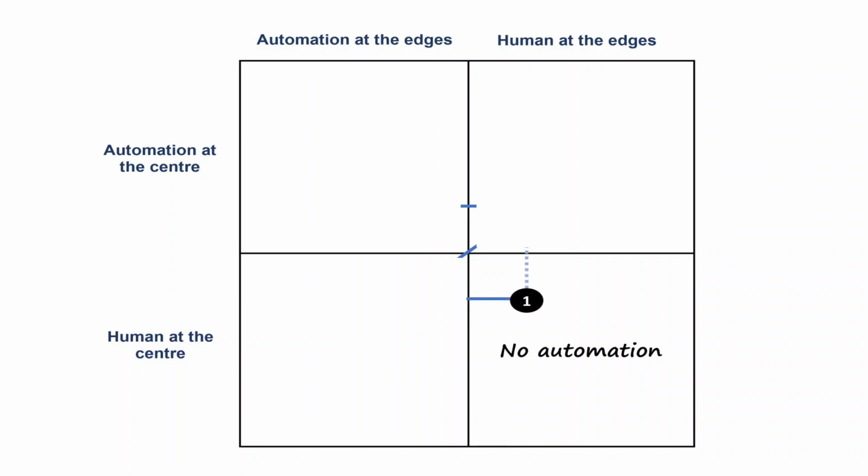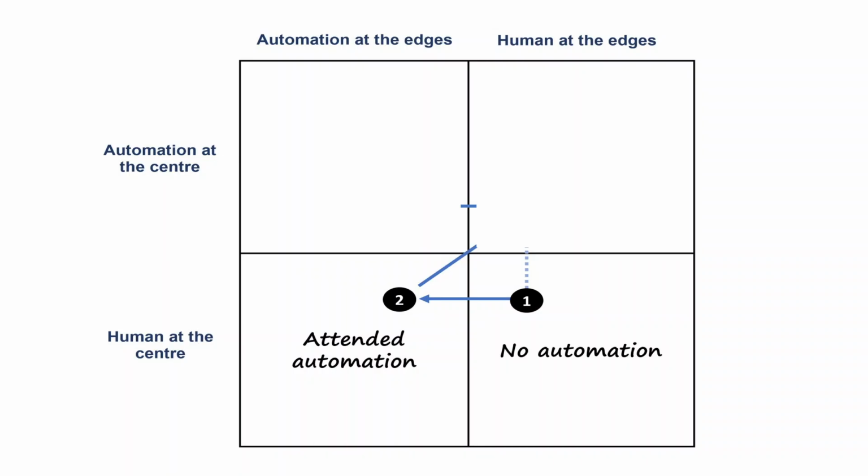If you have humans at the edges and humans at the center of that process, then there's no automation there at all. If you have a human at the center of the work with automation at the edges, then you have attended automation. What this means is that human is still driving the work, but they might gather the spreadsheet, they might log into the website and get things set up and then press play, and then the robot is doing the work at the edges.